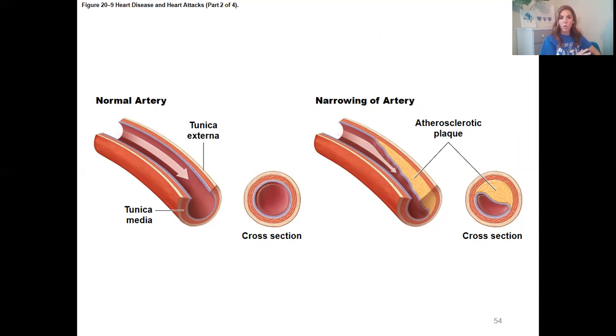You do not want your vessels to have holes in them. You do not want them to allow blood to get out of the vessel. So a clot can form in order to help cut off a problematic situation where that person could hemorrhage out.